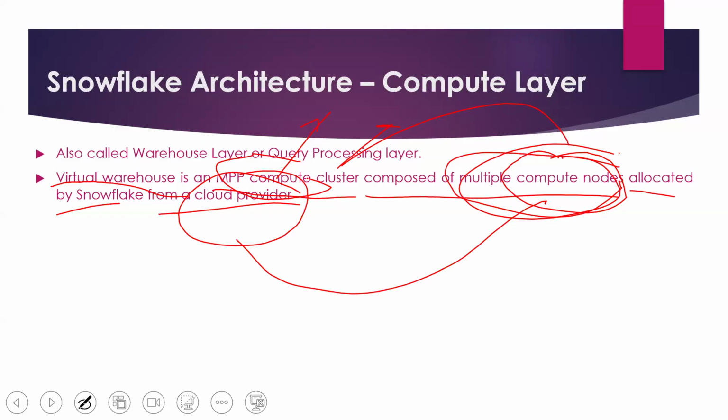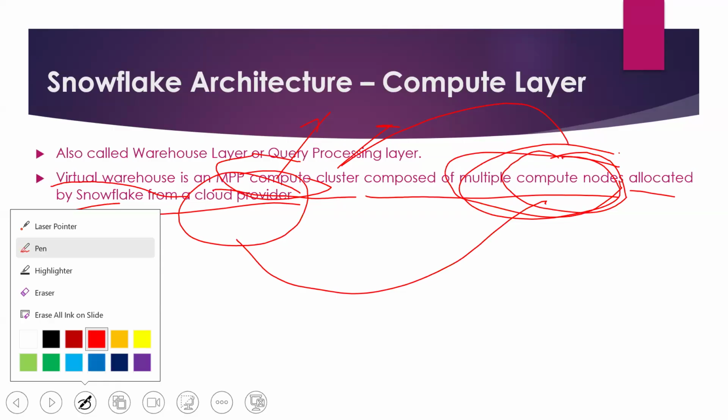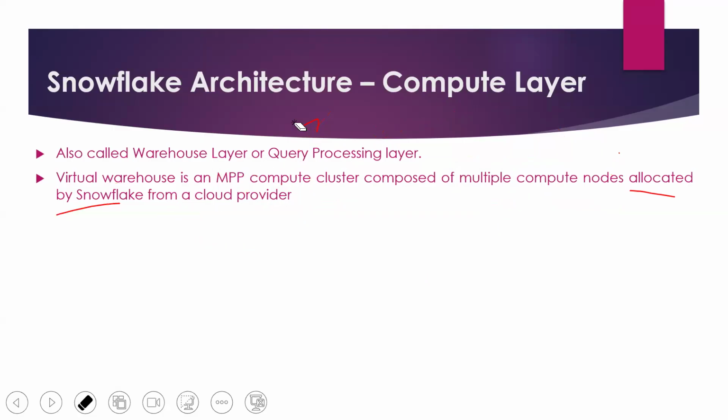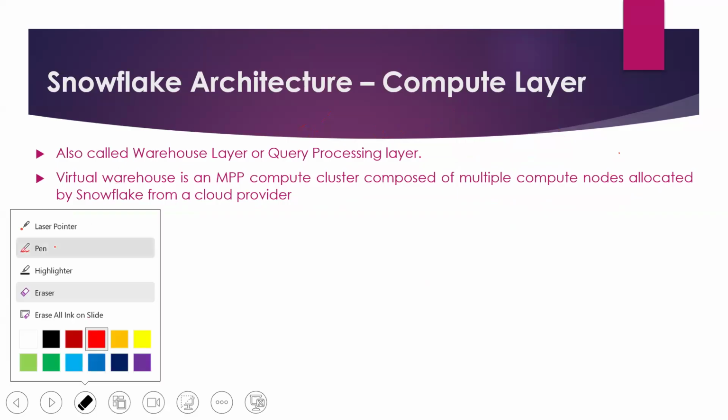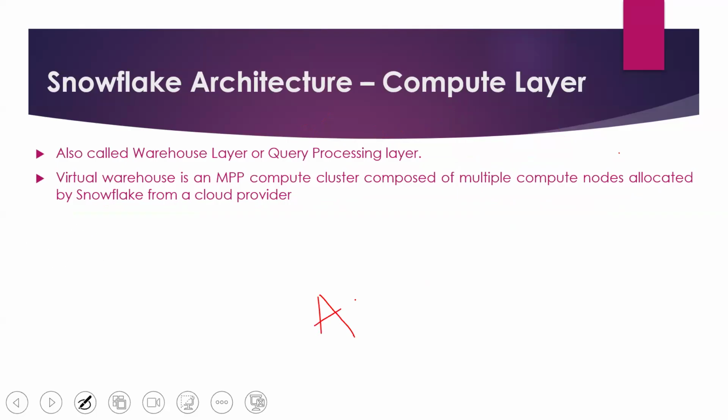Simple. For example, if I am considering AWS as my cloud platform, in AWS the storage service is called S3. Similarly, for compute there is a service called EC2, which is Elastic Compute Cloud.